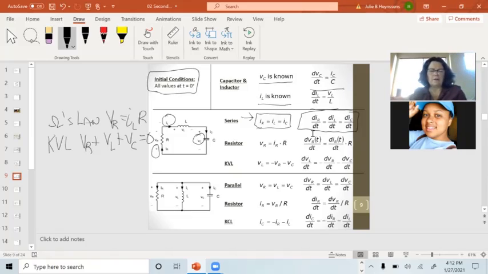I know VR and I know VC, I can find VL. And then I can plug that into this equation. I can plug IC into that equation.